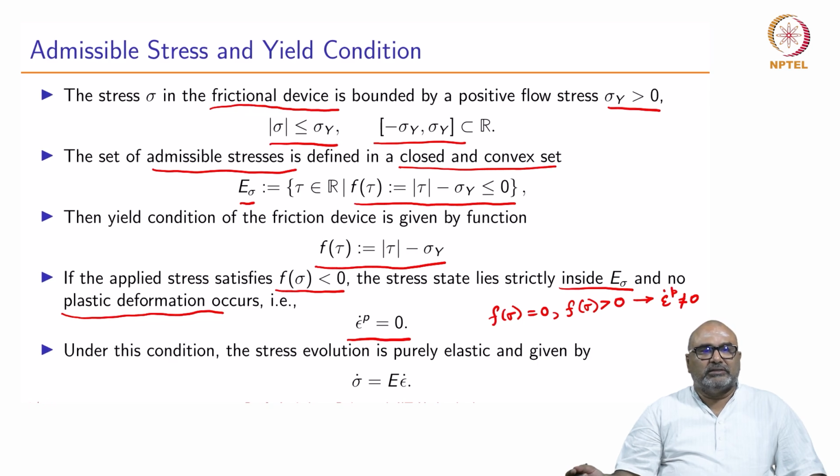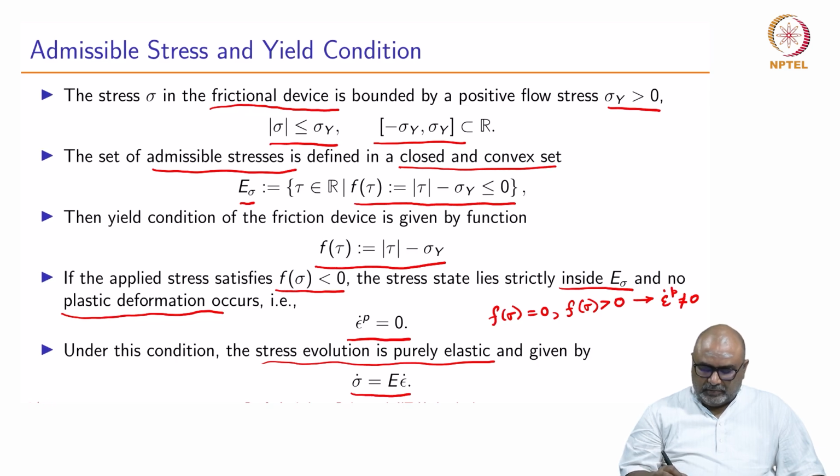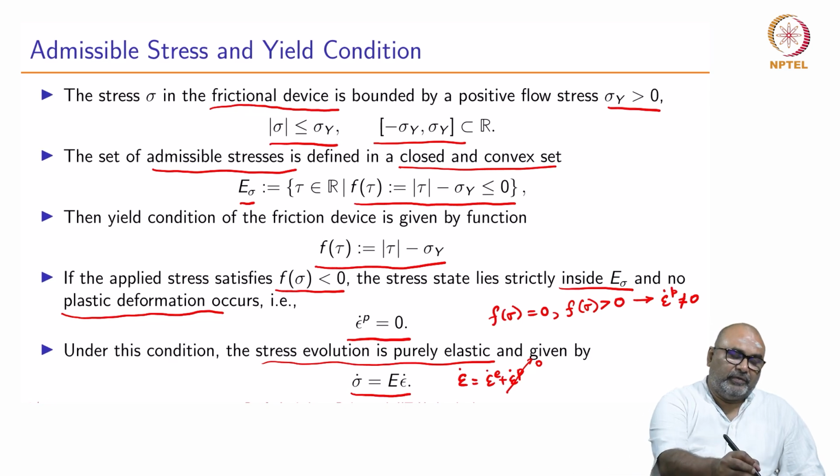Under this condition, the stress evolution is purely elastic, and the stress rate is equal to the total strain rate, because epsilon dot p is equal to 0. Total strain is equal to elastic strain plus the plastic strain. This term is 0. So, this is simply epsilon dot e is equal to epsilon dot. So, we can write sigma dot is equal to E times epsilon dot.